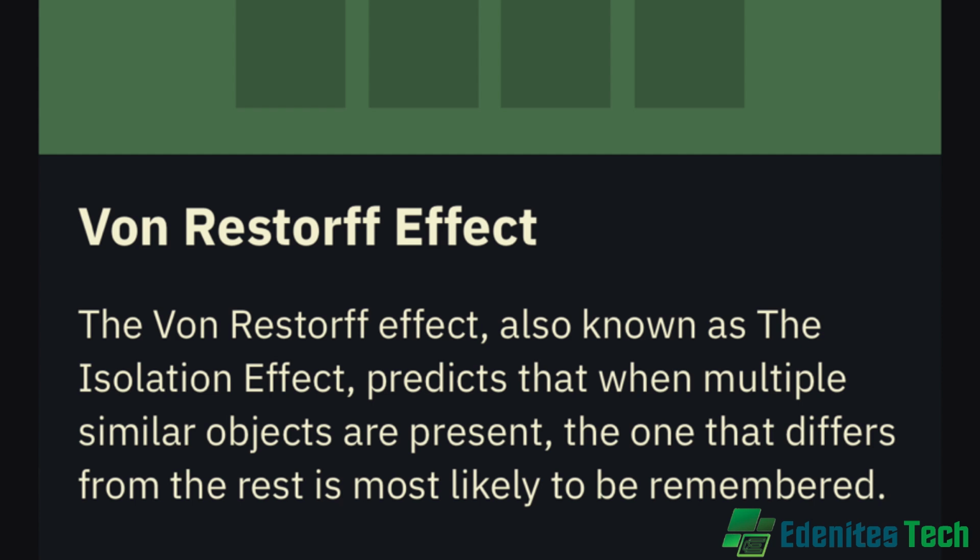So that's how it is when you're also designing. When you want users to remember something, you always try to make that particular item or object or whatever it is stand out from the rest. This will encourage users to remember what you want them to.